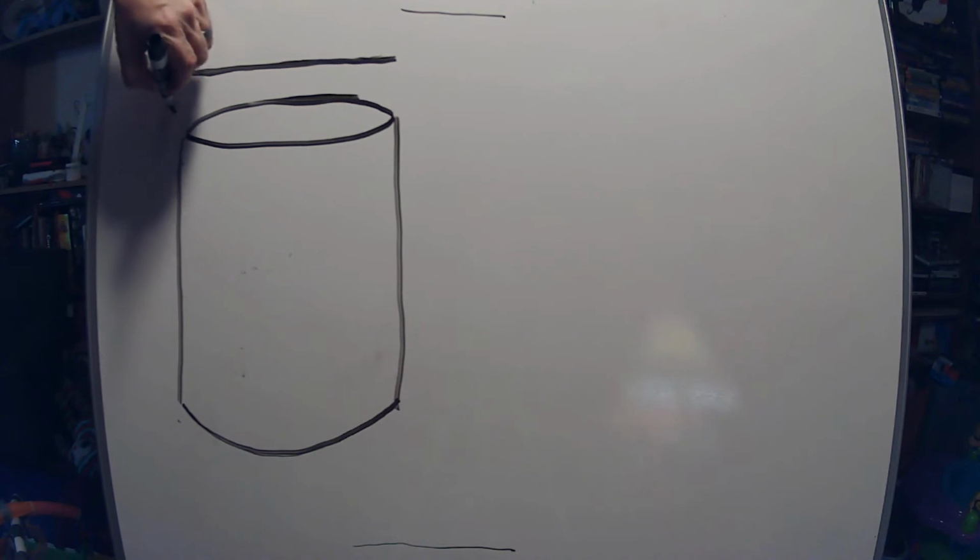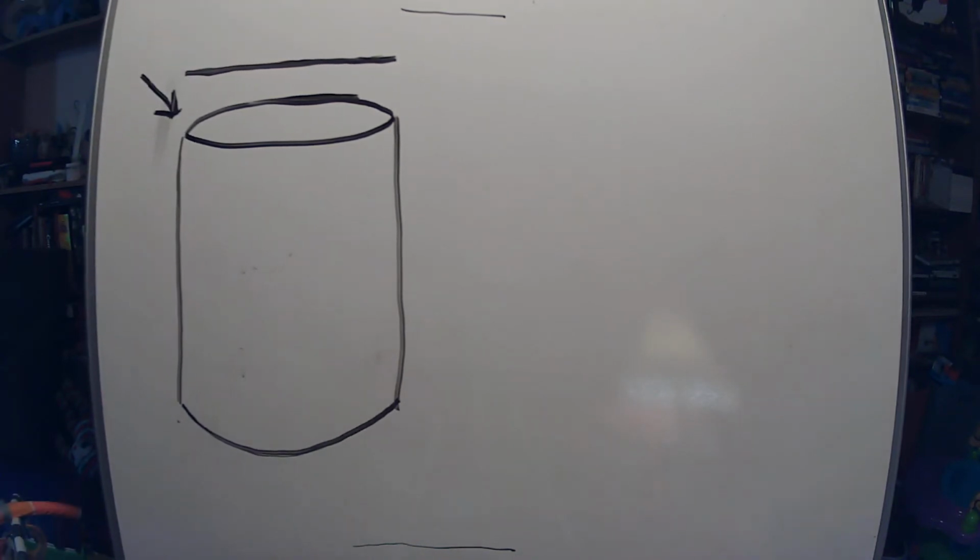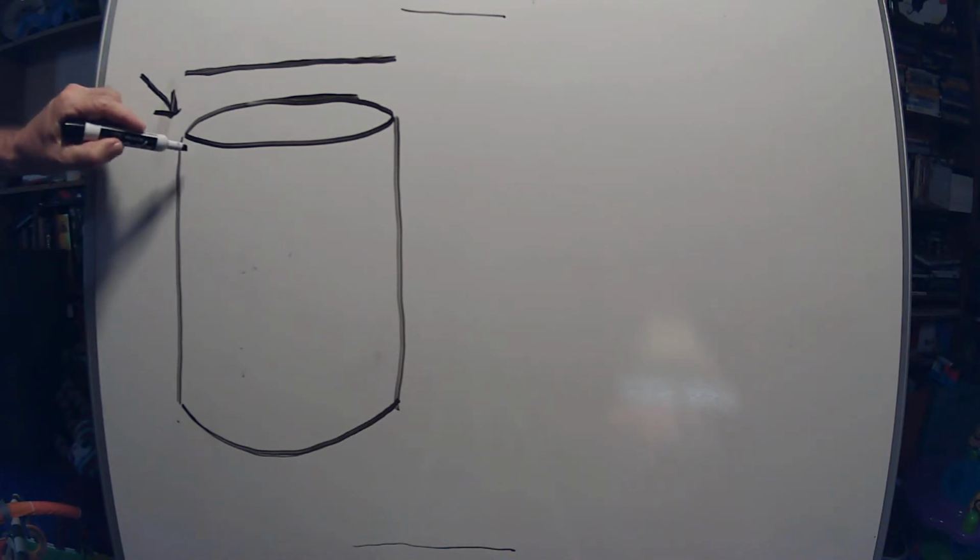So if I start here this way, above front left, there we go. So there's my arrow. We're going above front left. I may not get all of the shades here, but I'm just going to show you how the grayscale lays on this object.